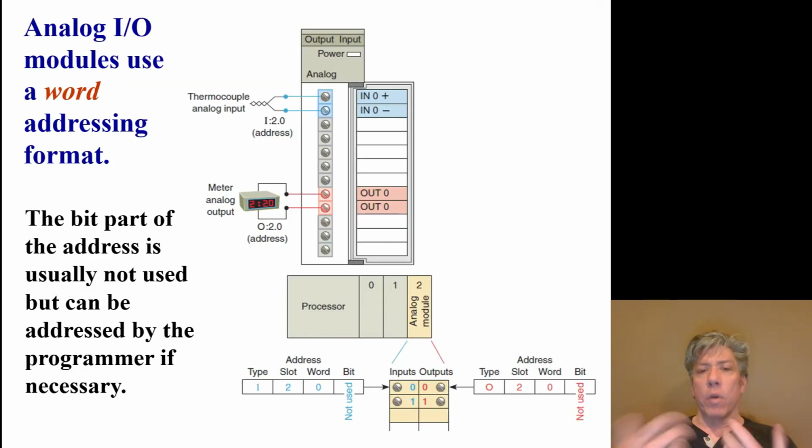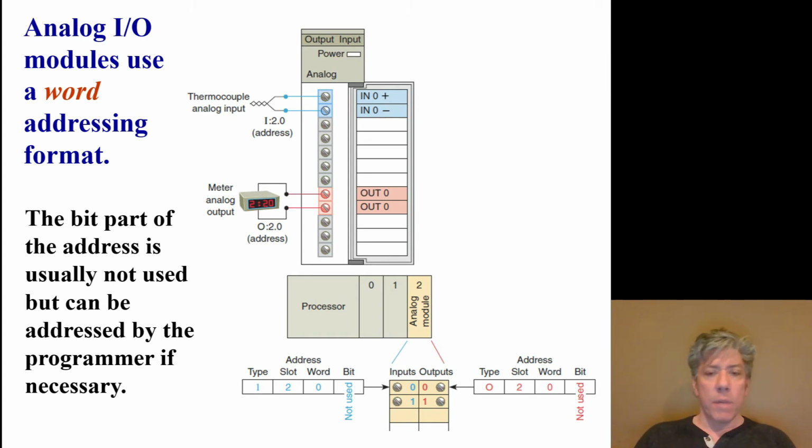Now, binary or bit inputs and outputs are not the only type that are available. There are also analog input and output modules, and they use words of data. Instead of bits, which are a single on-off thing, they use a whole word, which would be 16 bits typically. And usually you don't have to reference the individual bits of the address, but you can in many languages.